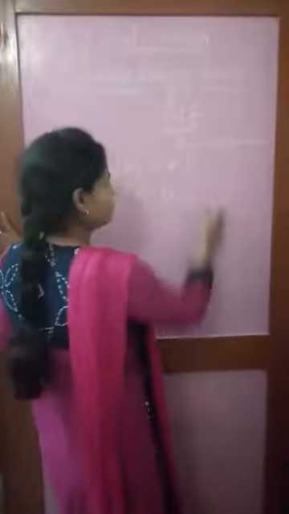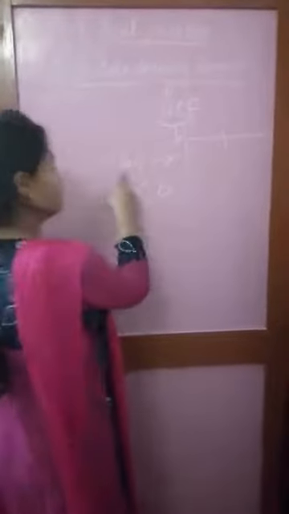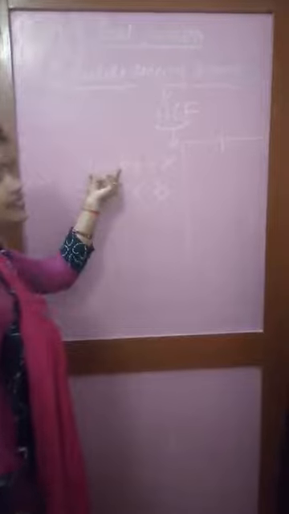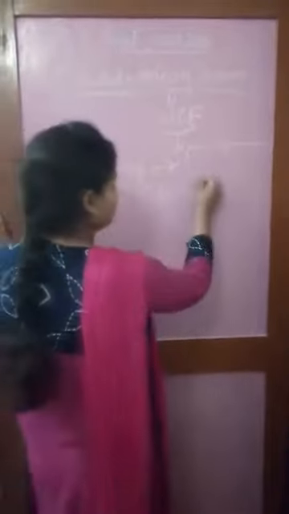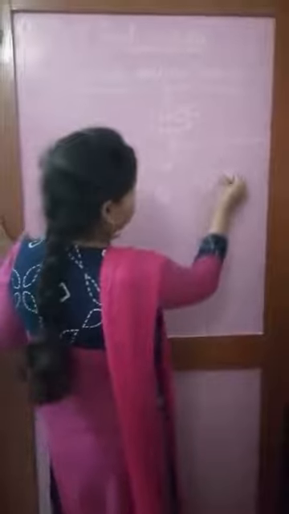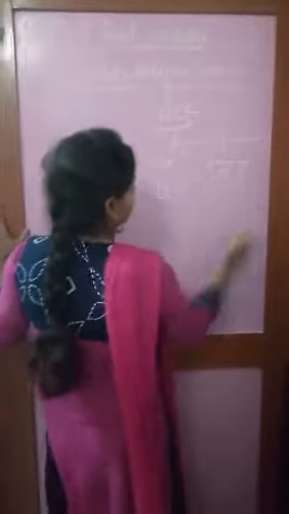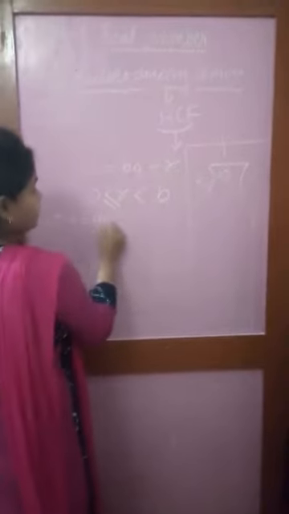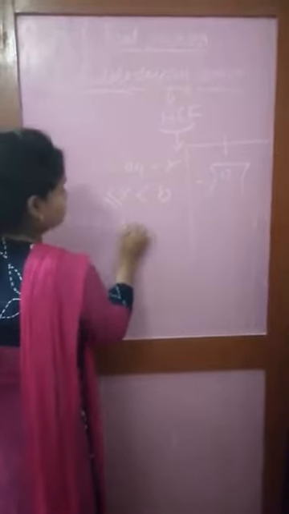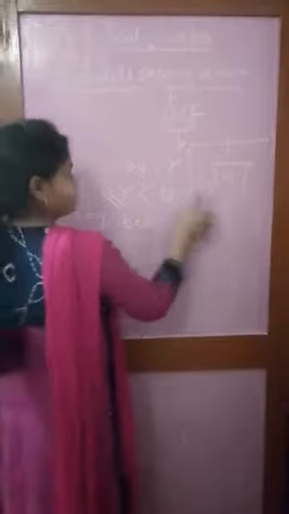Let's take an example to understand Euclid's division lemma, where a and b are some positive integers and q and r are some unique numbers. Let a is equal to 9 and b is equal to 2.